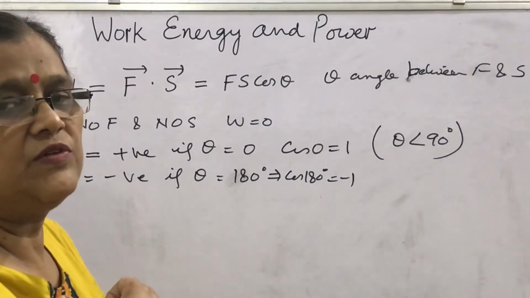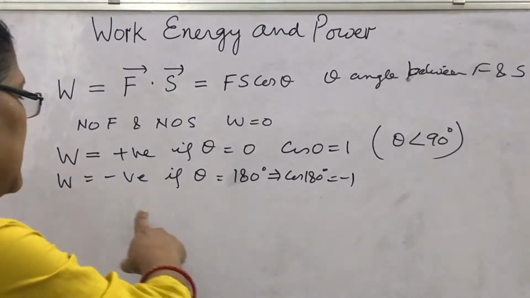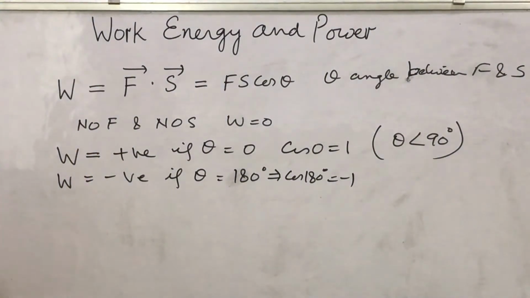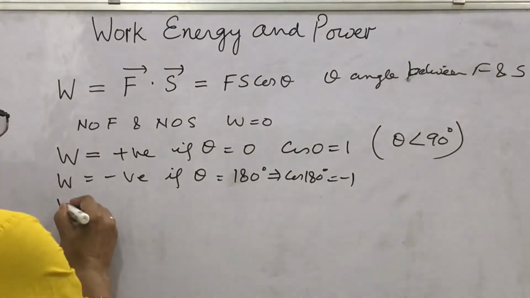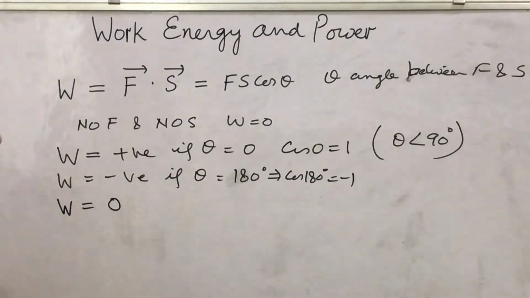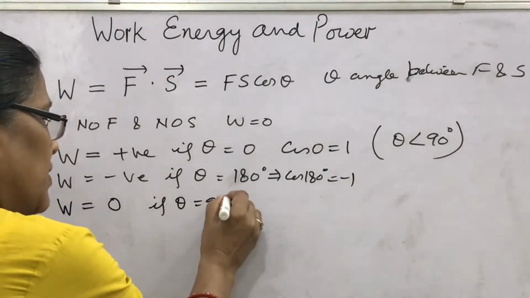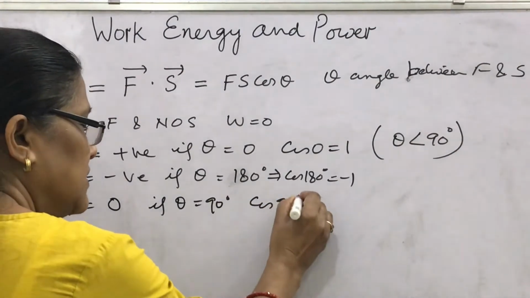So frictional force opposes the motion. In this case, we find that work done is negative. Also, when F and S both are present, even then work done is 0. How? If theta is 90, because cos 90 is 0.